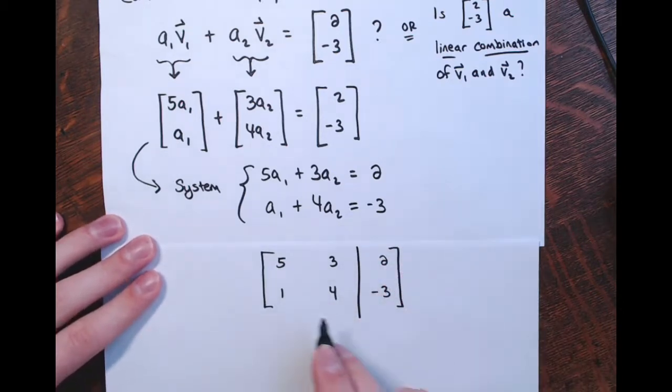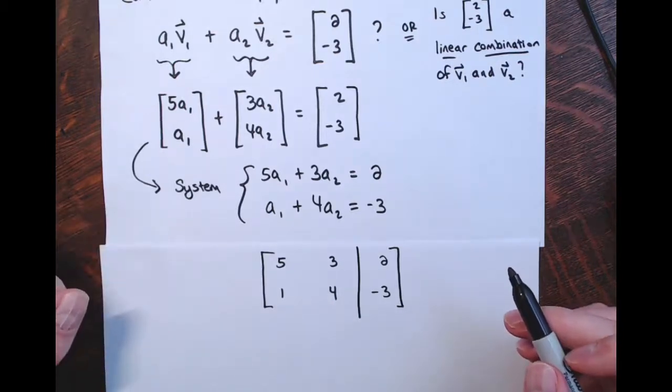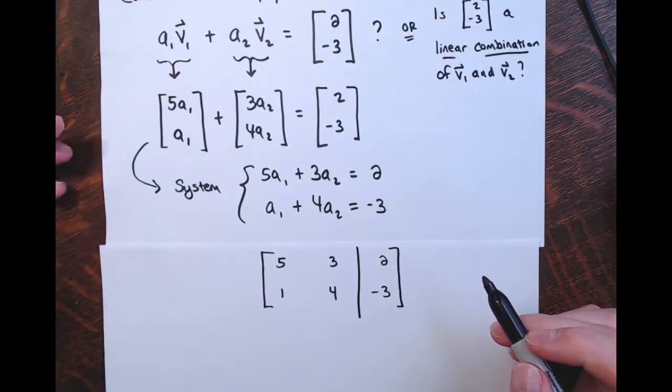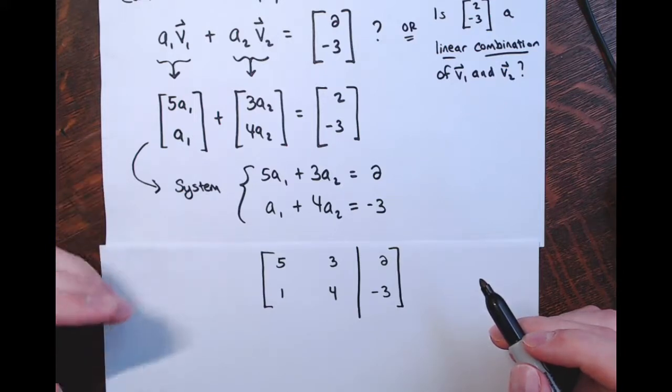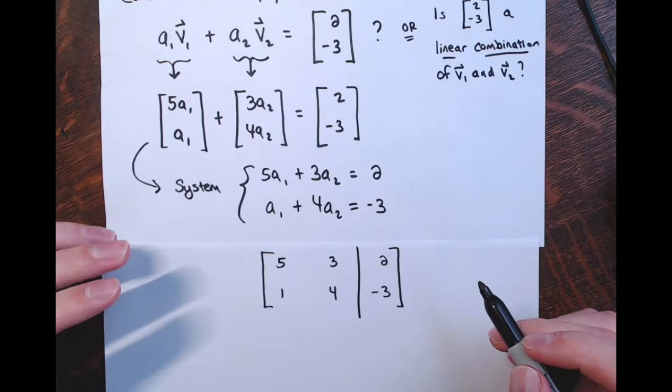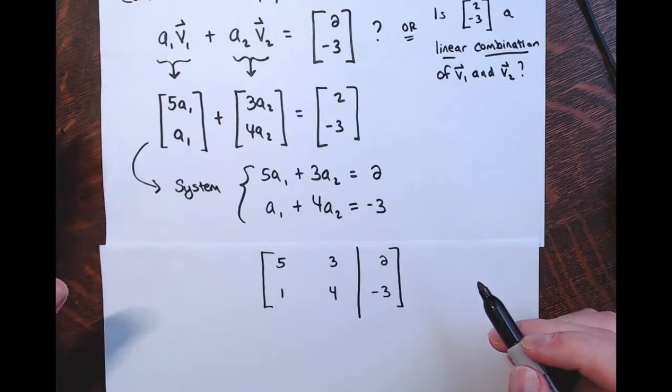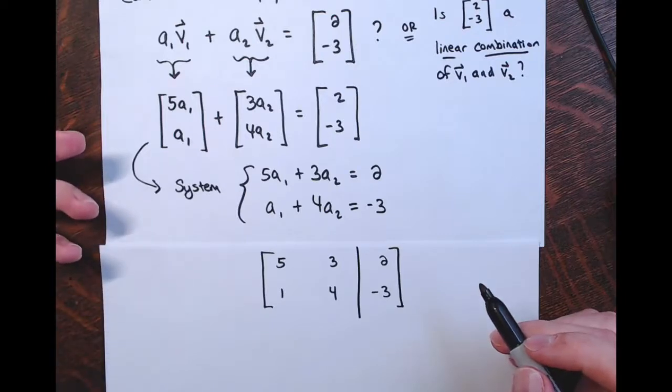Now, there's only a couple rows. I'm going to tell you right now, in a lot of this, I'm just going to be going to the calculator from now on. We already did all the chapters on Gaussian elimination and Gauss-Jordan elimination and elementary row operations, so I'm assuming you know how to do that stuff.